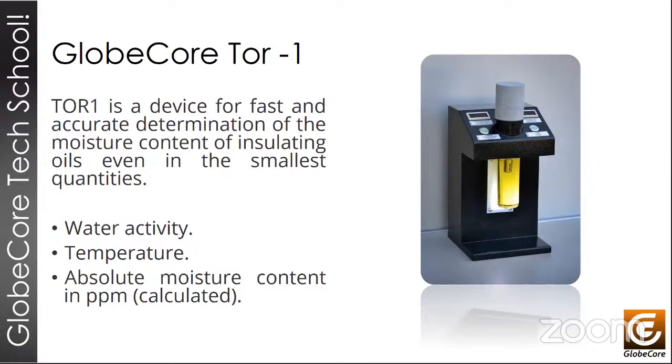TOR1, that you can see here, is a device that is capable of measuring the amount of moisture present in the oil and its temperature. The important part is not really the parts per million measurement, the absolute content, but the indication of the activity of water in the oil. The device is compact, very easy to handle and carry around. It's very lightweight. Next slide, please.